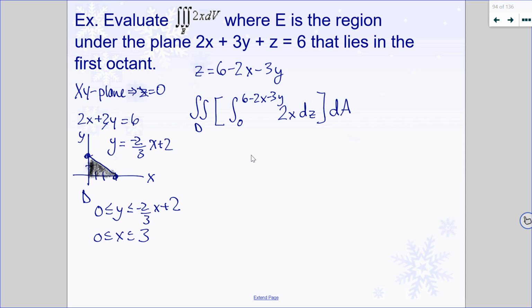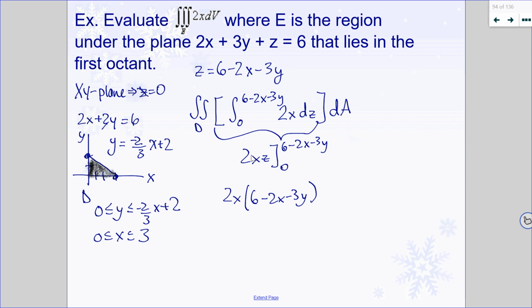Looking at this, I might as well just do this inner part first. I'm integrating that with respect to z, which, since there's no z in my integrand, I just tack the z on. But then my boundary is kind of ugly. It's 6 minus 2x minus 3y to 0. So that's 2x times 6 minus 2x minus 3y, and then minus the 0, so that goes away.